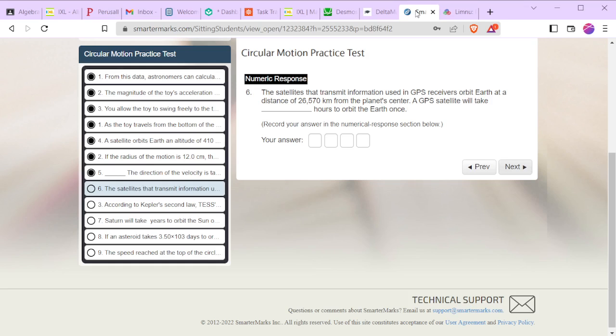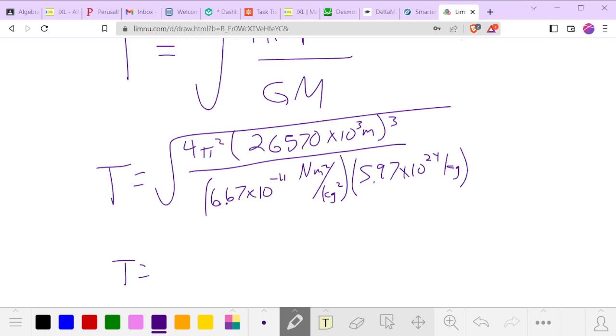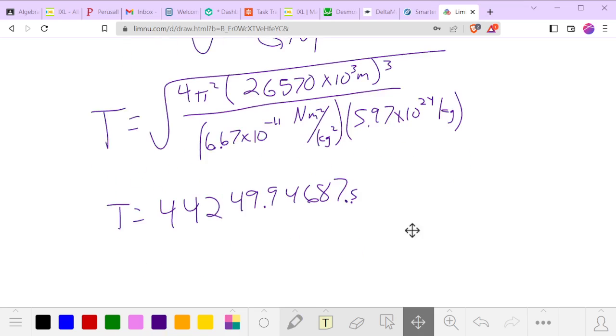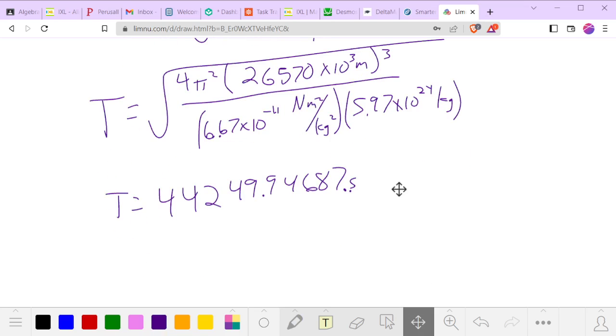So this period, it's asking for hours, and I am getting 44,249.94687 seconds at 3,600 seconds per hour.